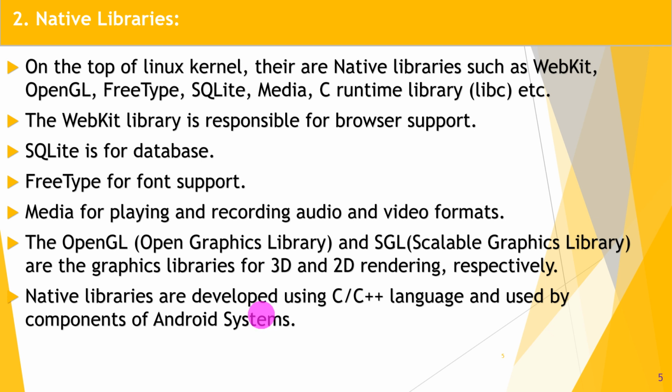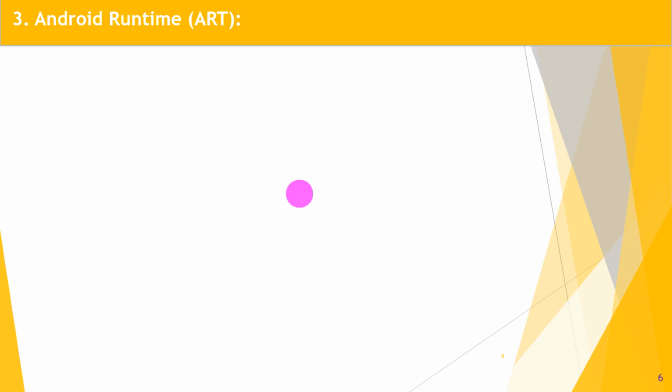Great. So this is the second layer in Android architecture. Next, that is the third type of Android architecture, is the Android runtime. It is also called ART, Android runtime.